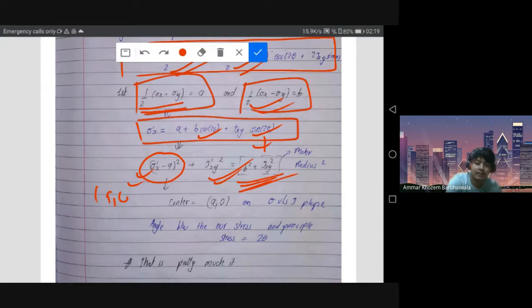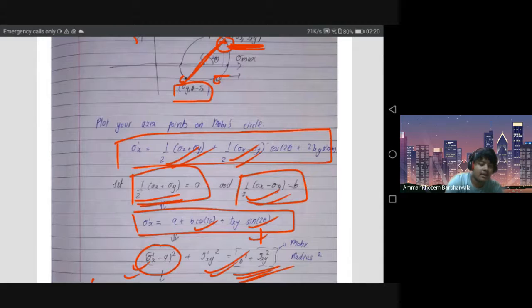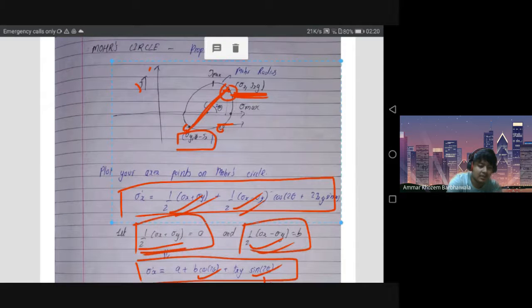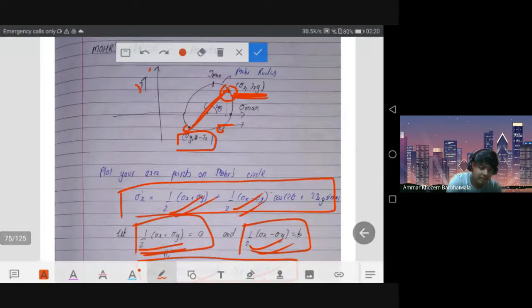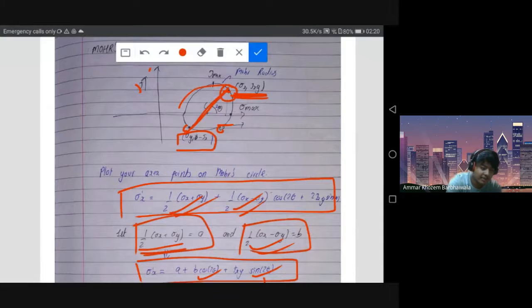Now if you have the initial sigma values, you can plot a circle near it at a center. The center would be this a comma 0, half of sigma x plus sigma y. You can find this direction and plot the entire circle.